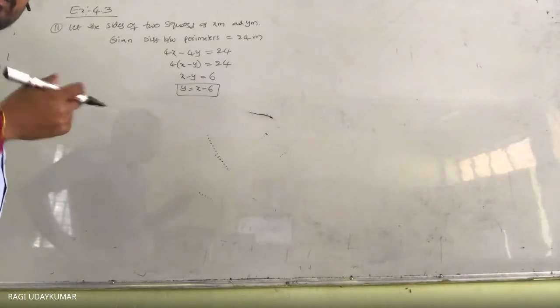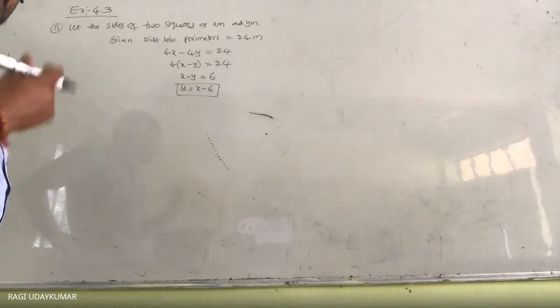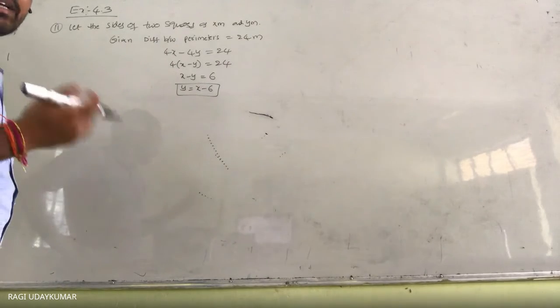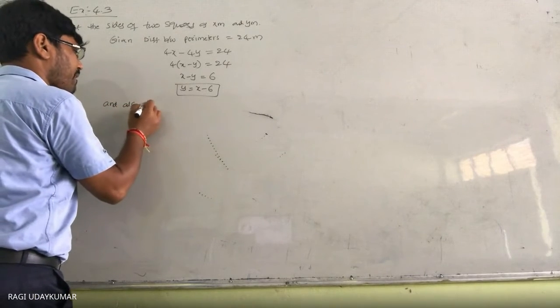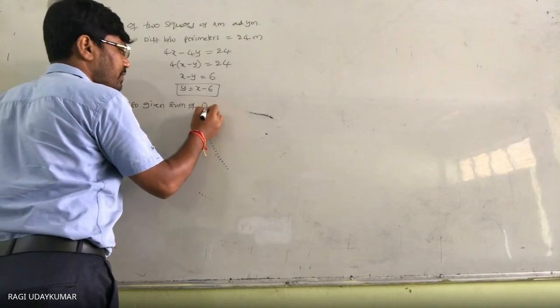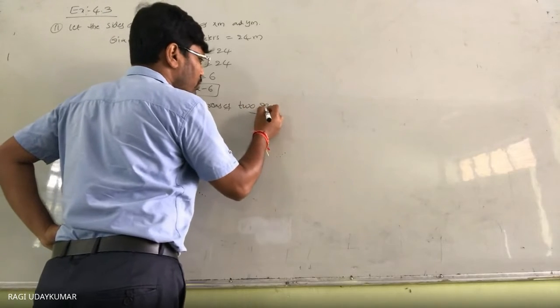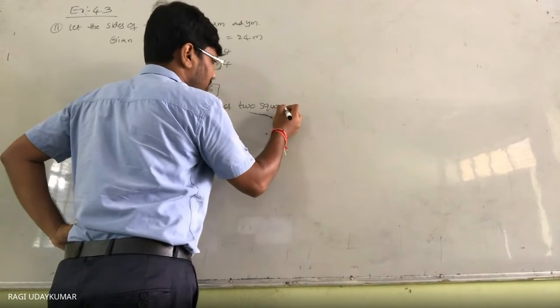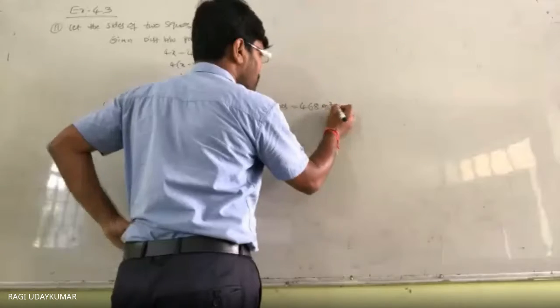Okay, and also given the sum of the areas of two squares is equal to 468 meters square.